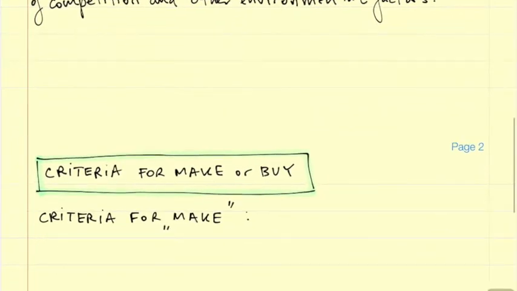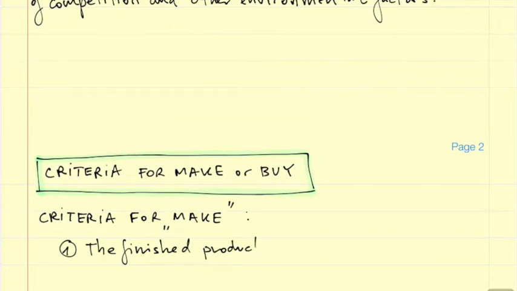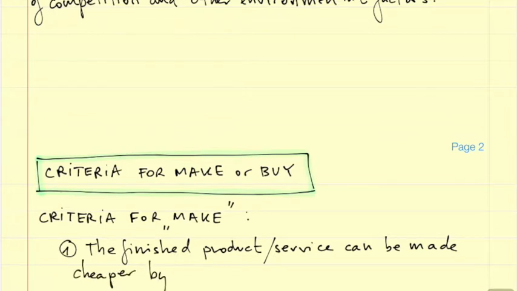So 1, the finished product or service can be made cheaper. Of course, cost is a big factor by the firm than by outside suppliers.